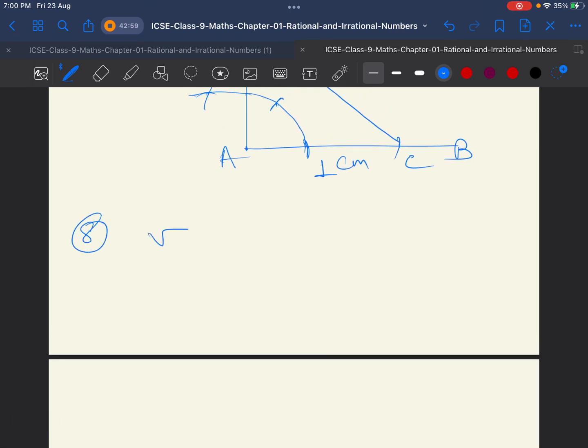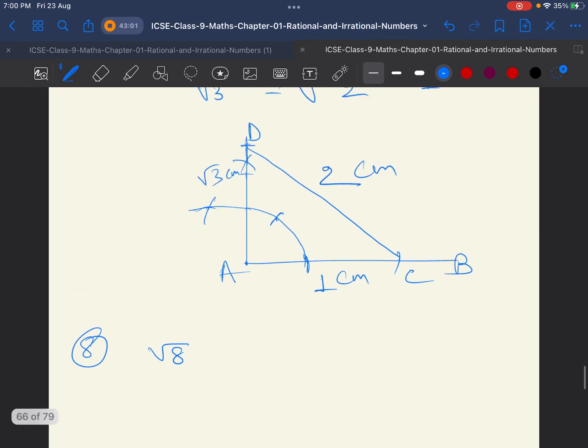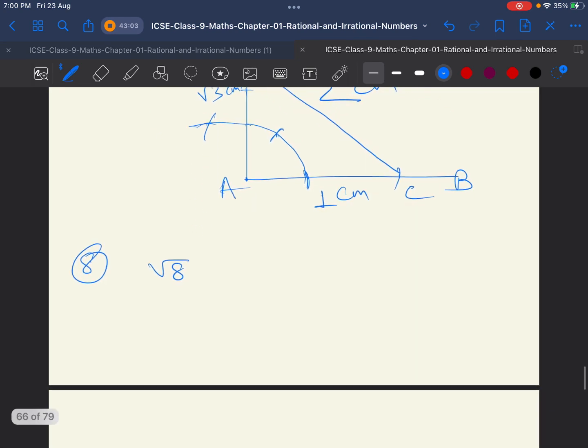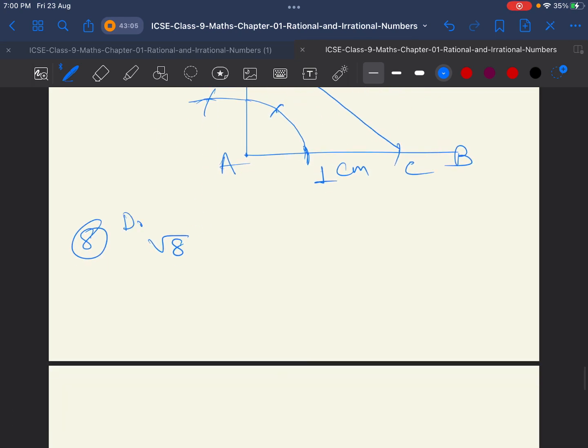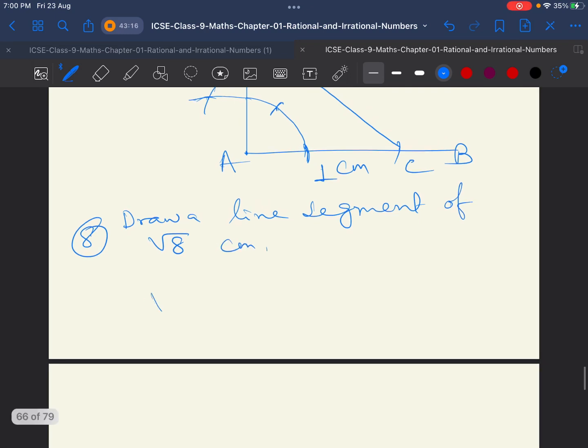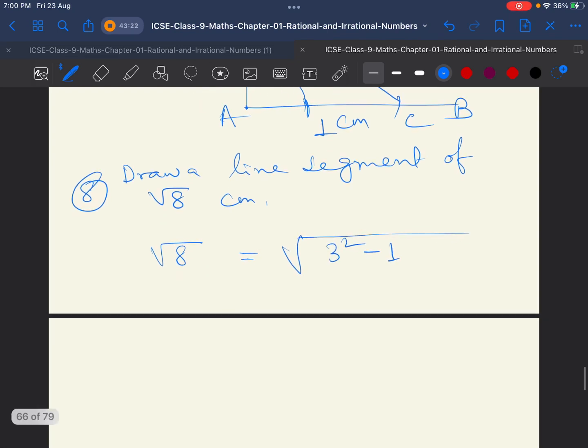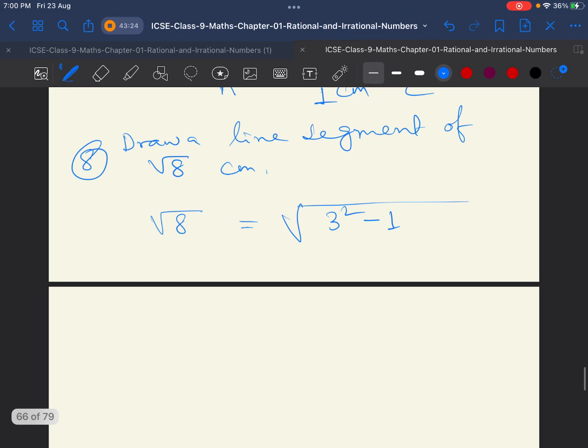Now question number 8, draw a line segment of root 8 centimeter. So root 8 we can write as the square root of 3 square minus 1.